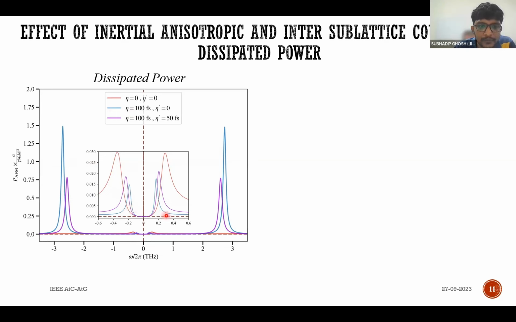So it moves from close to 0.3 to 0.2 terahertz. Another interesting thing: when I introduce the inter-sublattice coupling, there is a shift in these two peaks. In the case of nutation motion, the peak is redshifted, and for the precessional motion, the peaks are blueshifted, which are marked by the violet lines.